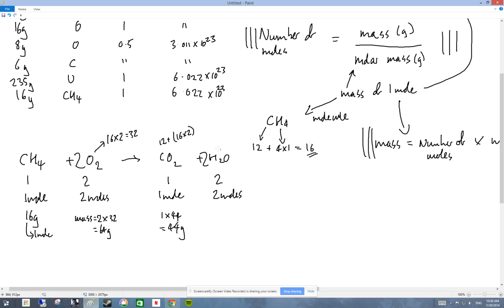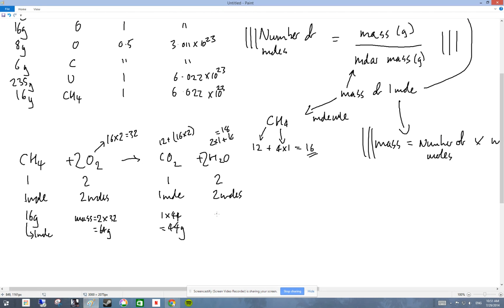In terms of the water, water is 2 times 1, whoops, if we add on 16, that gives us 18.